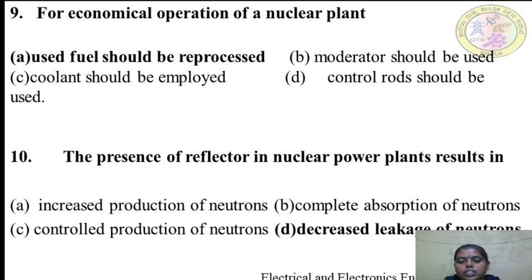The answer is D, decreased leakage of neutrons. That is, the presence of the reflector in the plant is to decrease the leakage of neutrons.